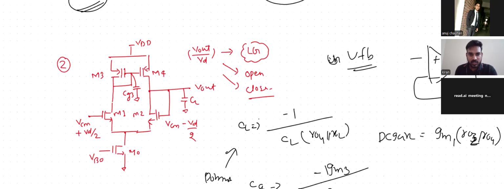Something, this will be some voltage Vx. I'm getting I1 current, I2 current. I want to make I1 plus I2 equal to 0.